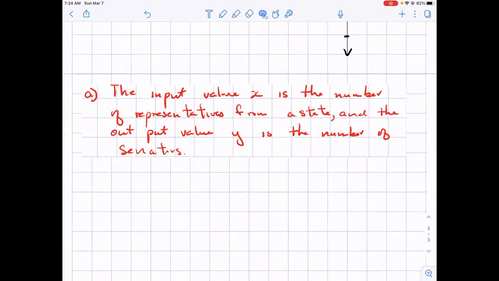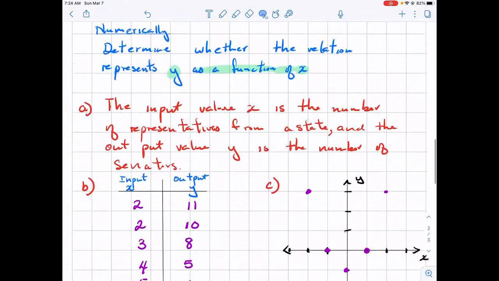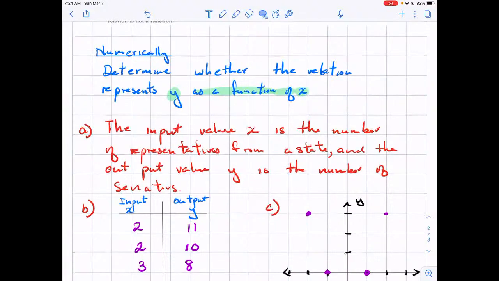The verbal description describes y as a function of x, and that's given. So y is a function of x.